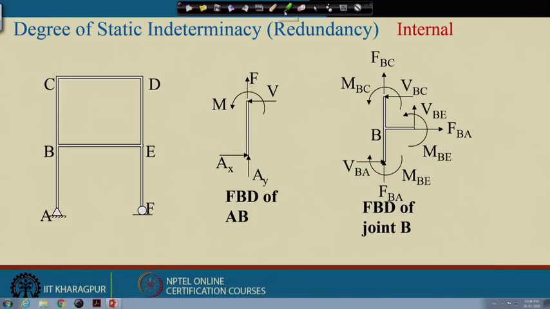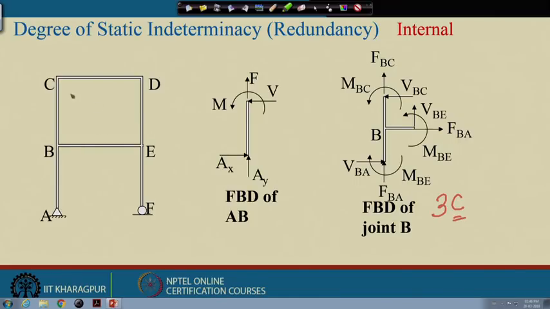When we say the indeterminacy of a structure, it is total indeterminacy: external indeterminacy plus internal indeterminacy. Now, if you recall from your structural analysis 1, the internal indeterminacy of a rigid frame can be obtained by the formula 3C, where C is the number of closed loops.